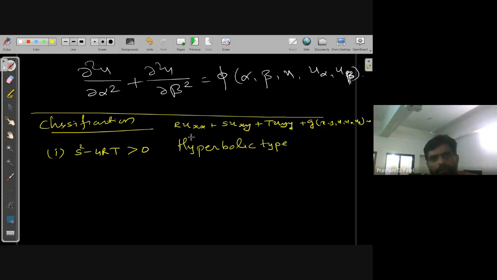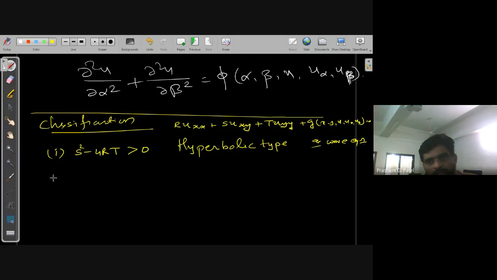If your second order differential equation is of this type, and you find that s square minus 4rt is positive, then such a differential equation is known as a hyperbolic equation, and the example is the wave equation.